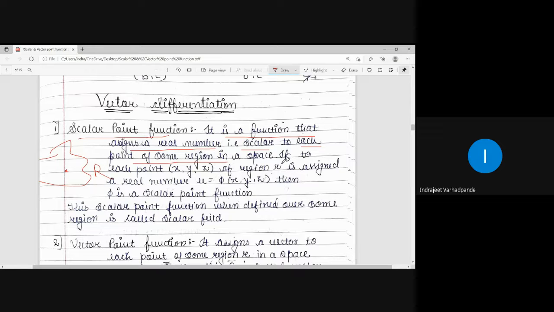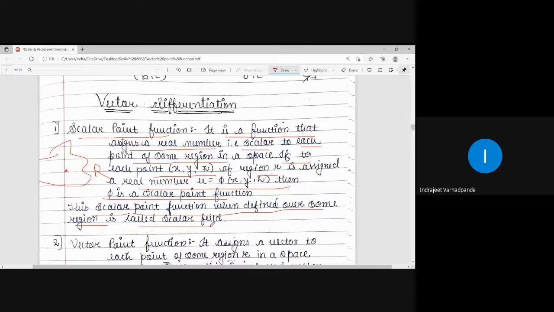Then if to each point (x, y, z) of a region R is assigned a real number u equal to phi of (x, y, z), then phi is a scalar point function. This scalar point function, when defined over some region, is called a scalar field.